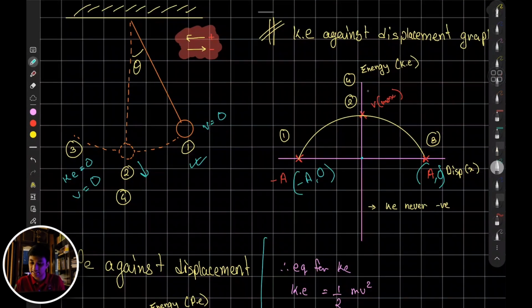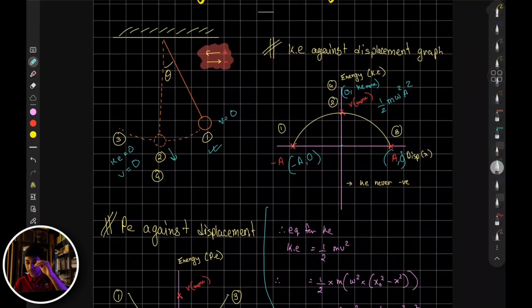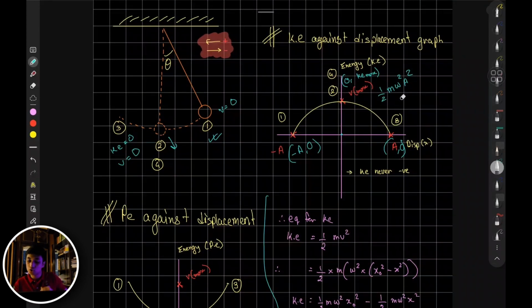And over here, it is 0, but KE max, or the total energy. So what is the total energy? The total energy is half m omega squared a squared. That is giving you the total energy, and this is the y coordinate at this point.